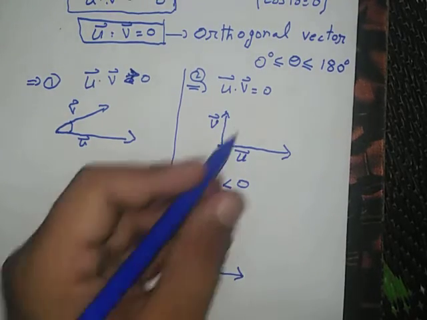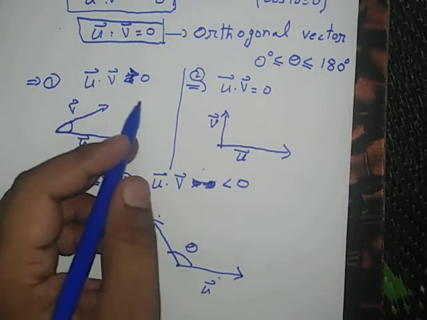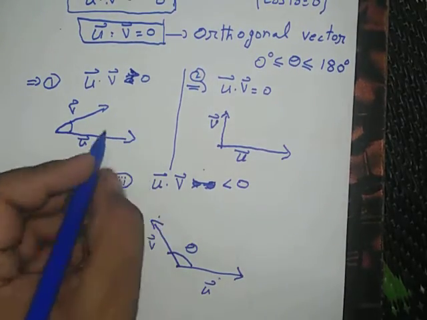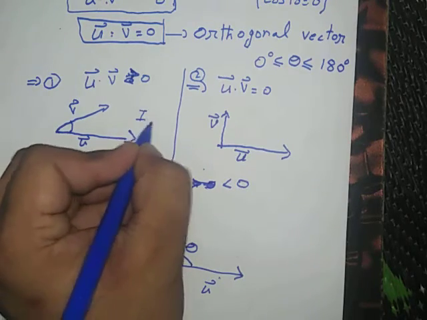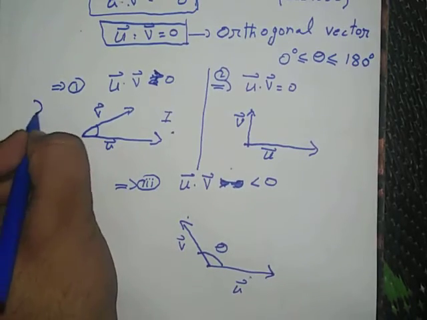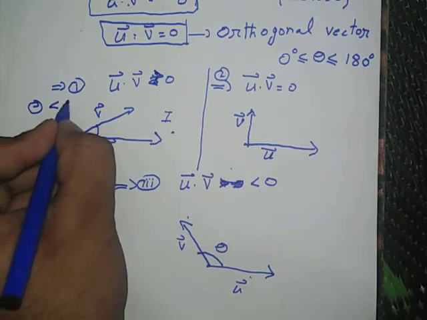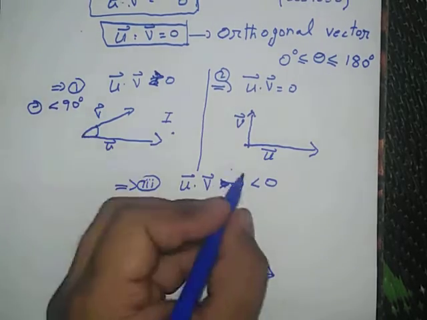So you can see that if u dot v is greater than 0, then this is in the first quadrant, and theta is less than 90 degrees.